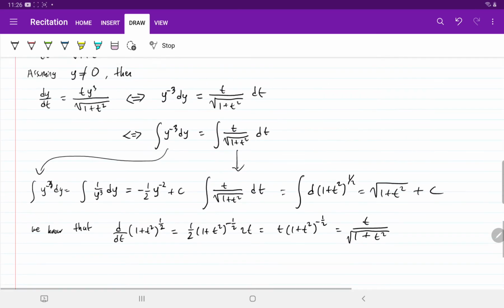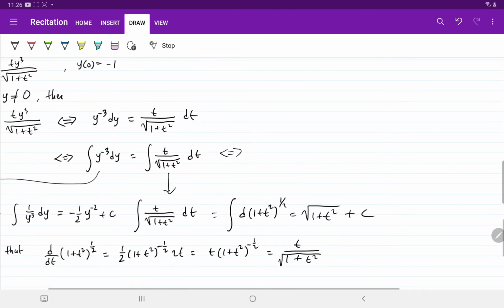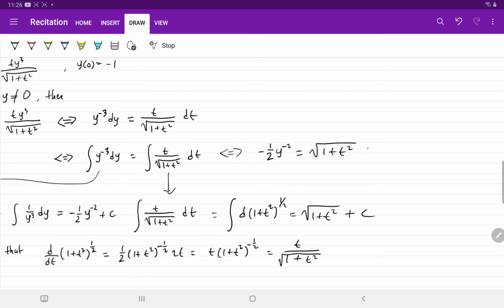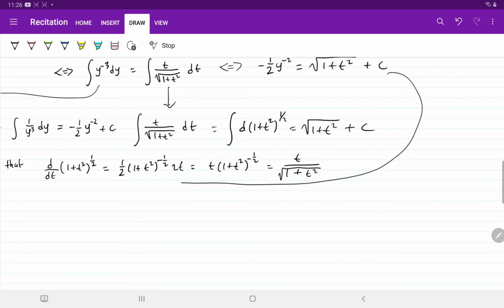Okay, so we know this is the same as minus 1 half y to the power minus 2 equal to square root 1 plus t square plus c.